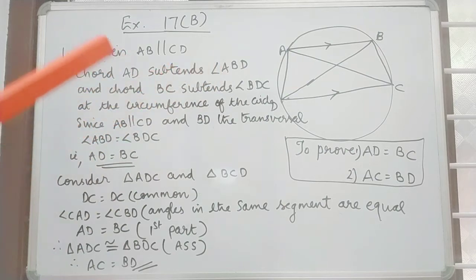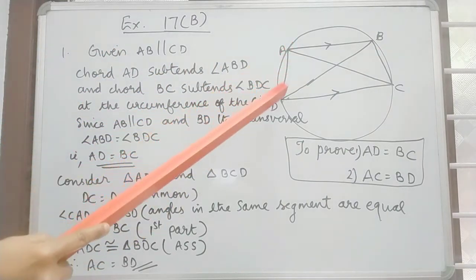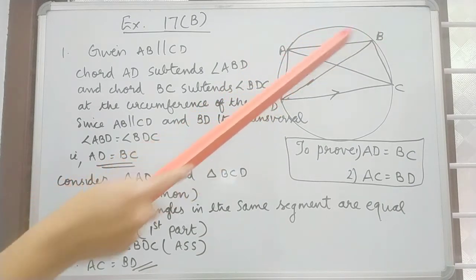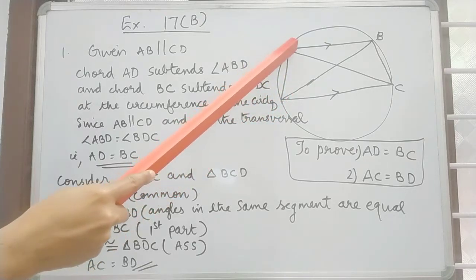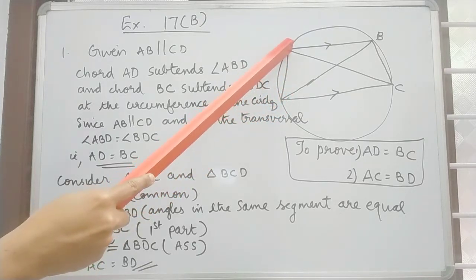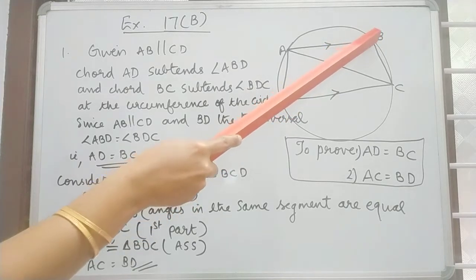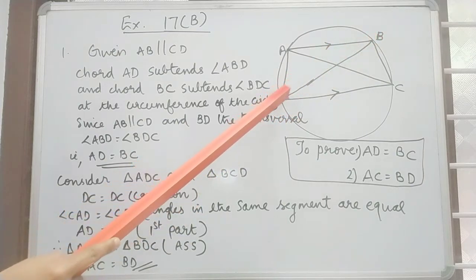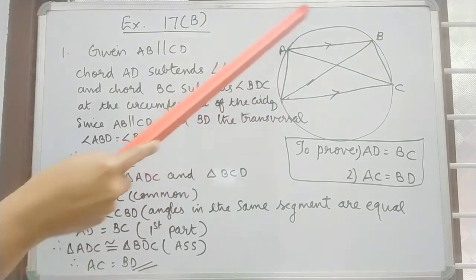So since AB is parallel to CD, chord AD subtends angle ABD. Using our result, AD subtends angle ABD, and chord BC subtends angle BDC at the circumference of the circle.